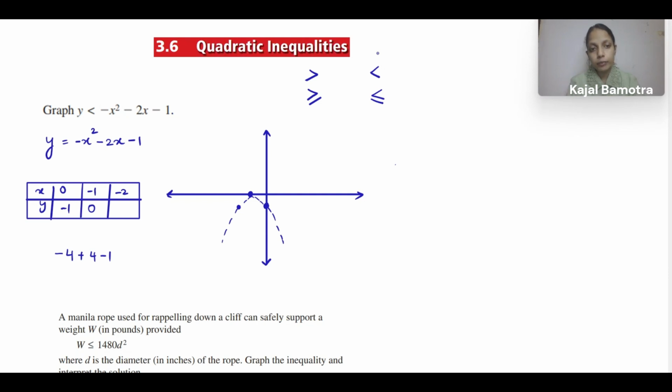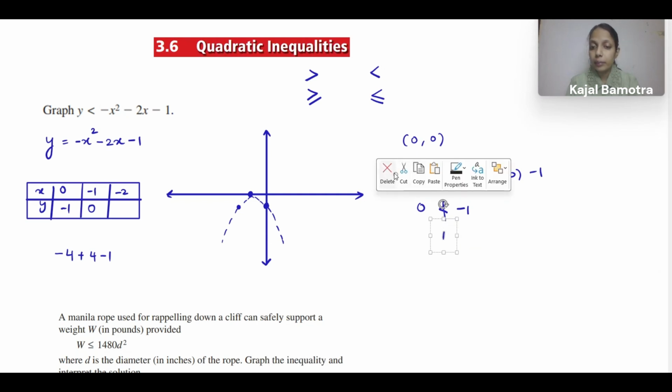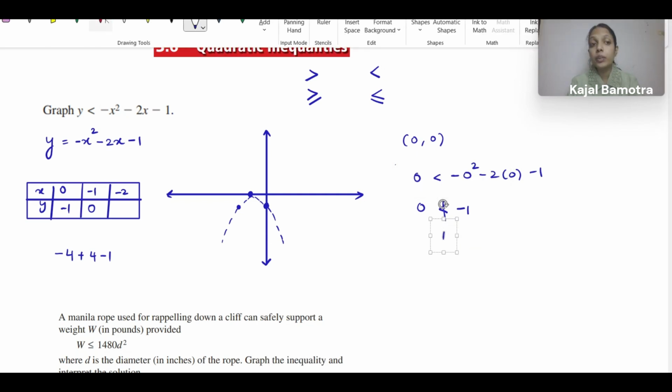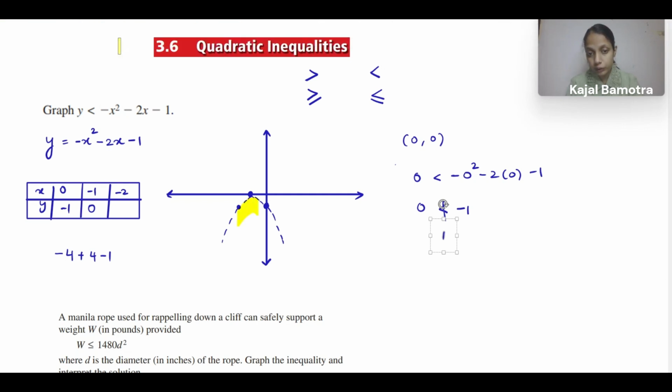So x is 0, y is 0. So 0 is less than negative 0 square, negative 2 times 0, negative 1. Is it possible that 0 is less than negative 1? No, that's not true. As this statement is not true, we are not going to shade towards 0, 0. So we will not shade this part. We have to shade the inside part.